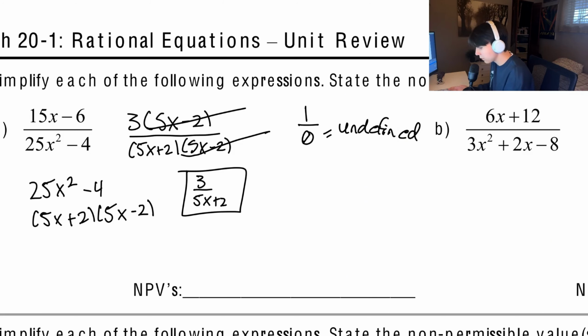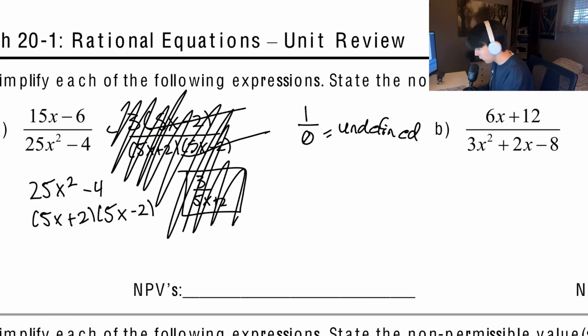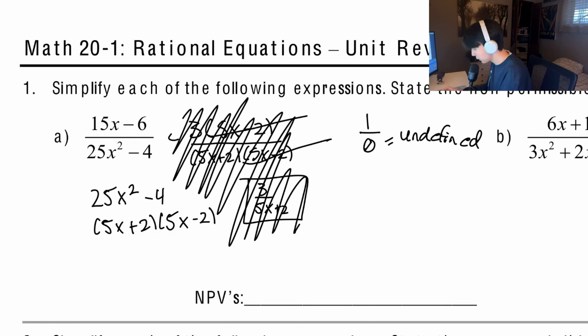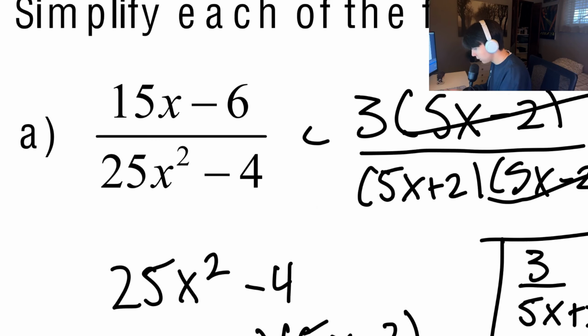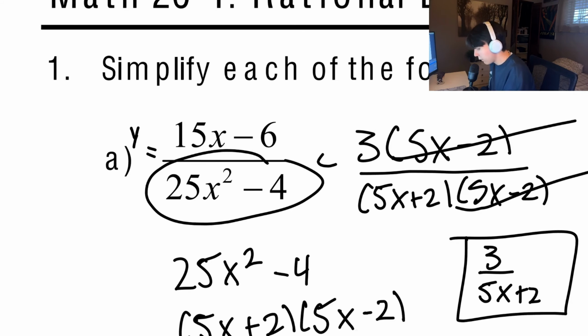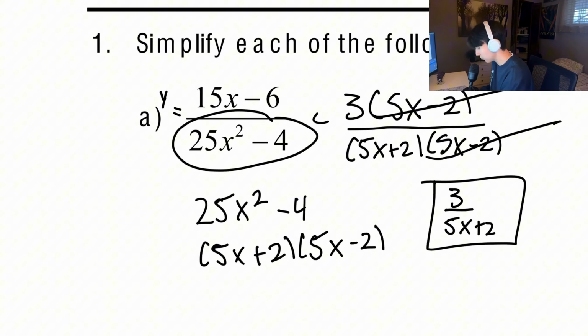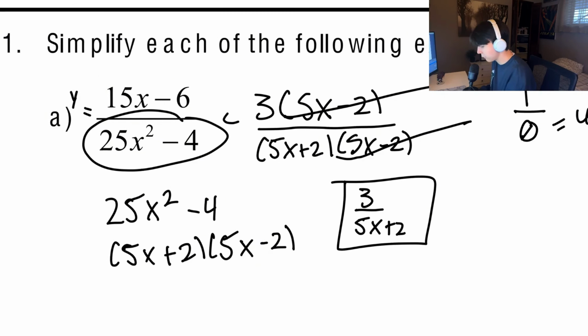It's also based on the domain of a function. If we imagine this being a line, so this original equation, if it was equal to y, we would have a break in our graph, because normally it would be continuous, but we actually have breaks because we have NPVs.